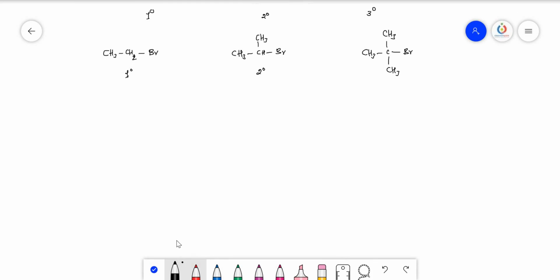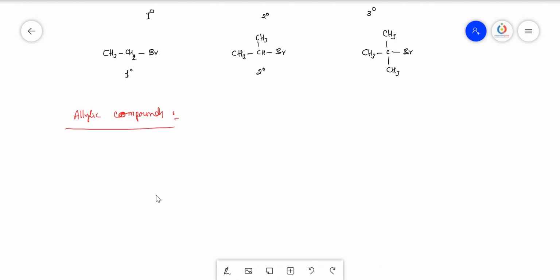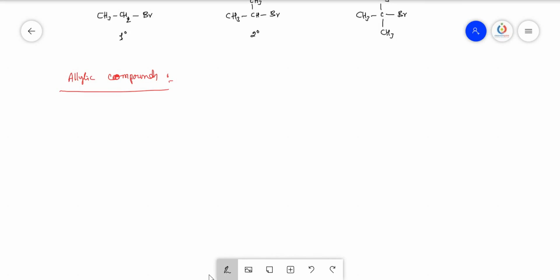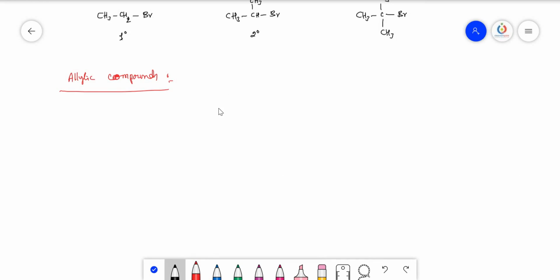You just see those are allylic compounds. In allylic compounds, the halogen atom is bonded to an sp3 hybridized carbon.